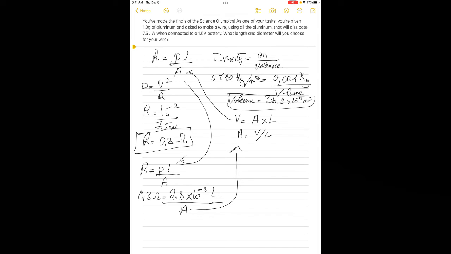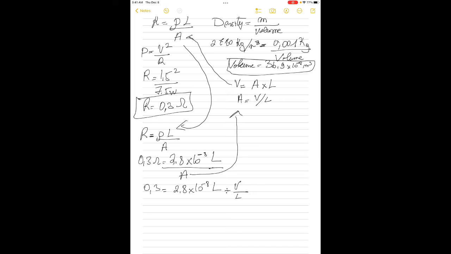So 0.3 equals 2.8 times 10 to the minus 8, times the length multiplied by the length, divided by the volume. So this one will be 0.3 equals 2.8 times 10 to the minus 8, length squared divided by the volume.